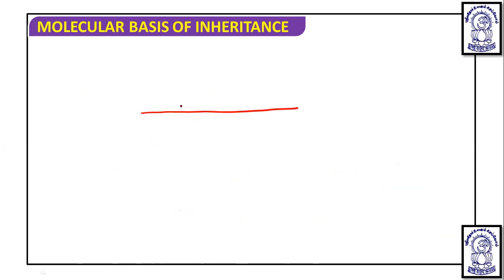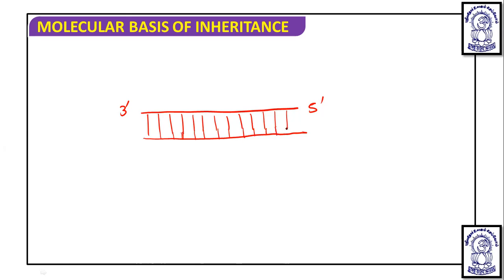Suppose this is the DNA strand, which is in 3' to 5' direction, and there is the base pair. There is another strand that is 5' to 3'. This 3' to 5' strand is known as the template strand.